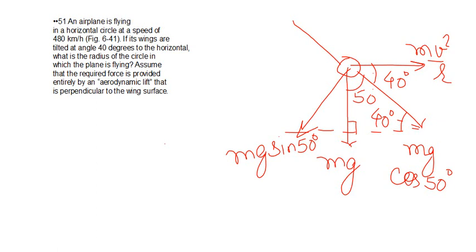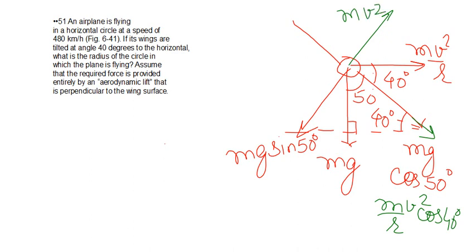Now the component of mv square by r along the wing, which I will represent using green color, is mv square by r cos 40. There is one more component, the sine component, that is perpendicular. This will act upwards, and it is given by mv square by r sin 40.